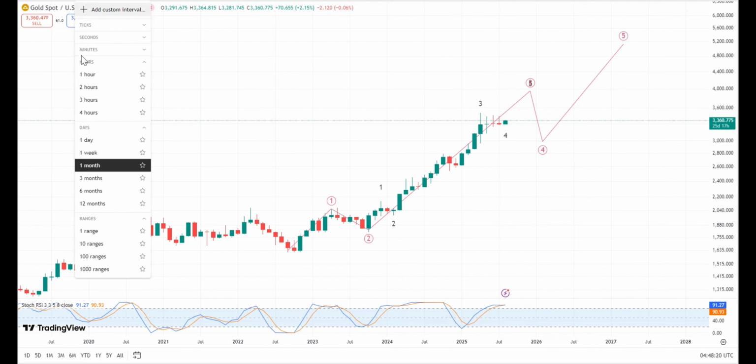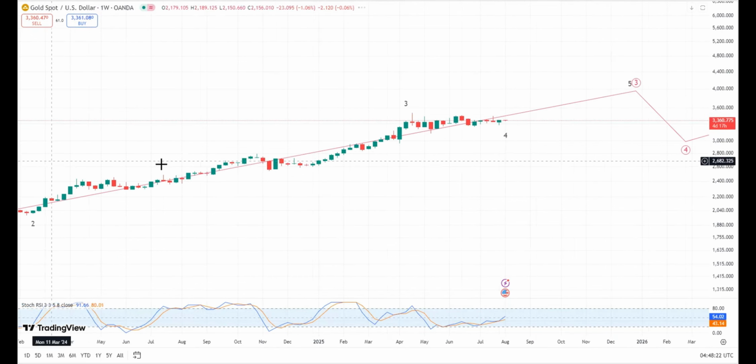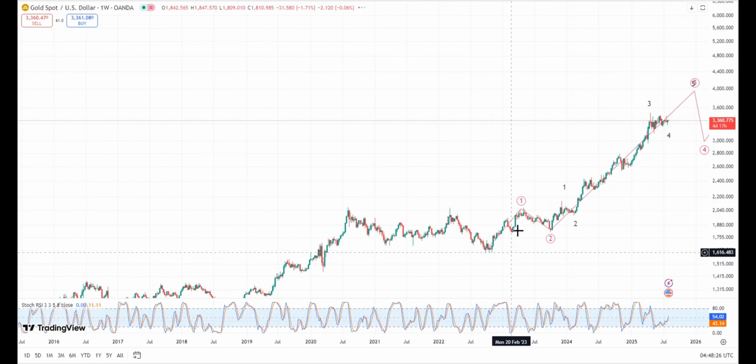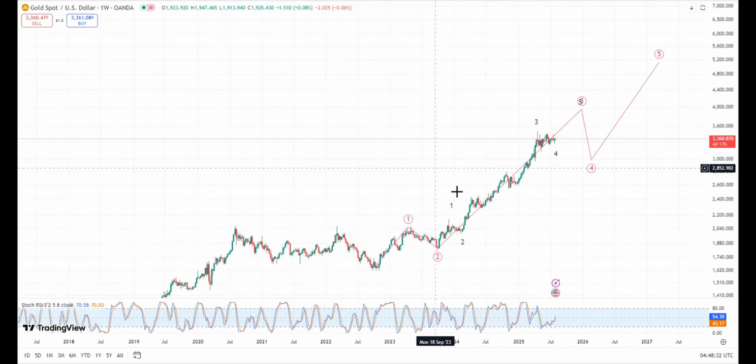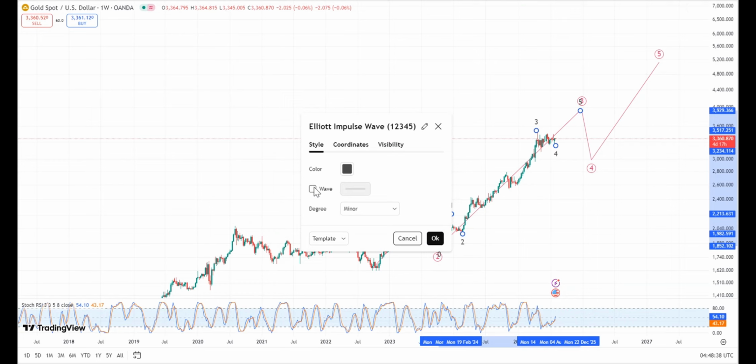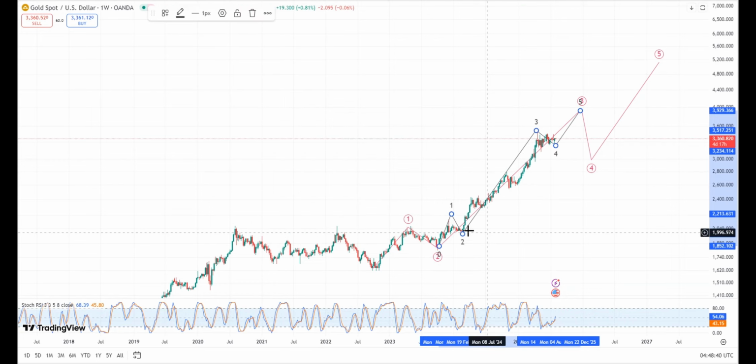So let's go back to our weekly time frame now. For weekly, we can see the wave count more clearly. You can see our wave 1, 2, 3, 4, 5 for wave 1, and let's bring out this wave in between on this weekly. Now you can see our wave 1, wave 2, we've had our 3.